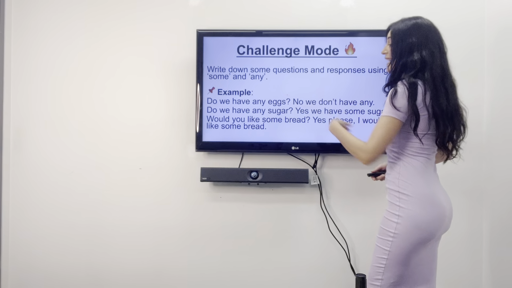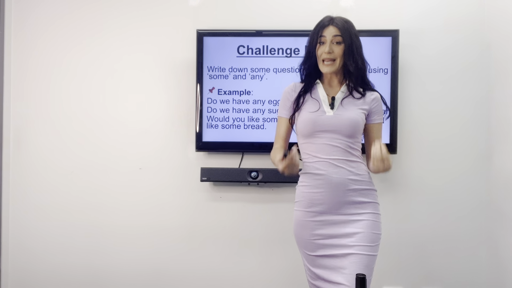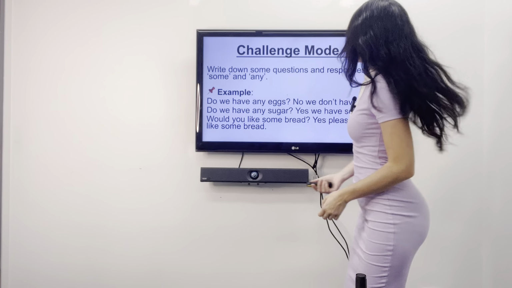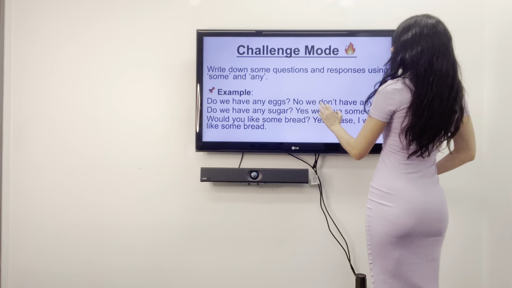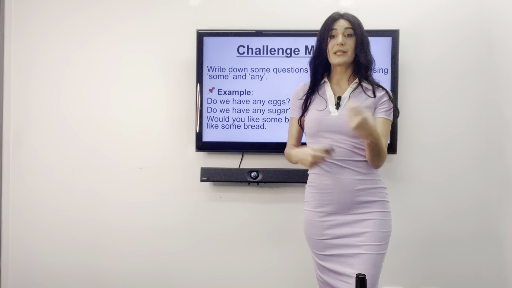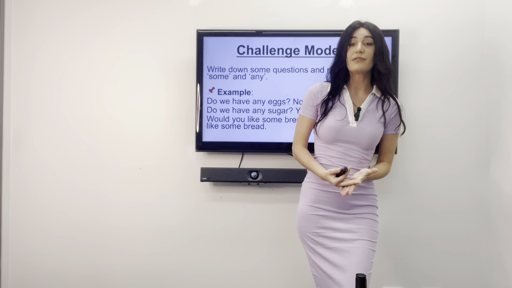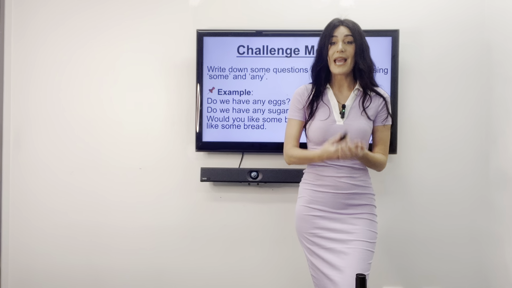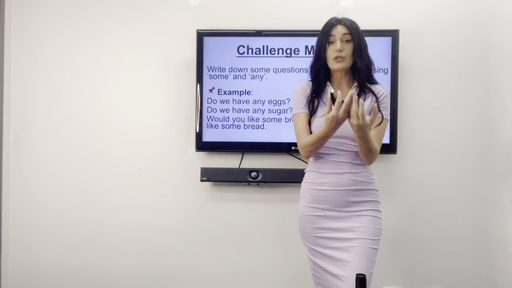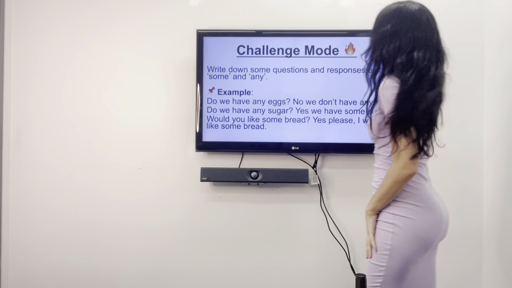Do we have any sugar? I used any because I'm asking the question, do we have any sugar? But the response, yes, we have some sugar. The response was positive. Yes, we do have sugar. So I would say, yes, we do have some sugar. It's a positive response. We do have some sugar.